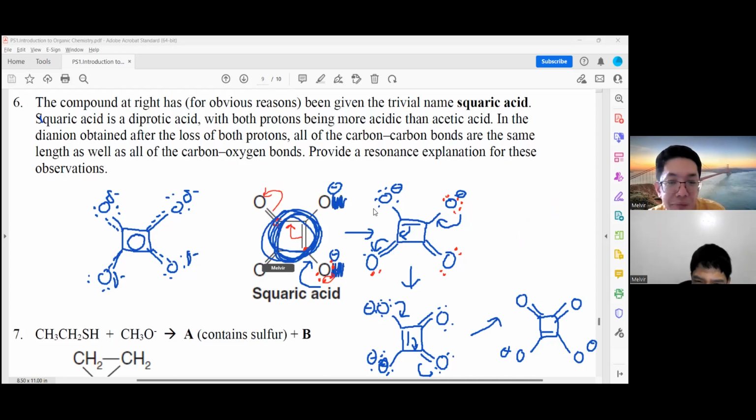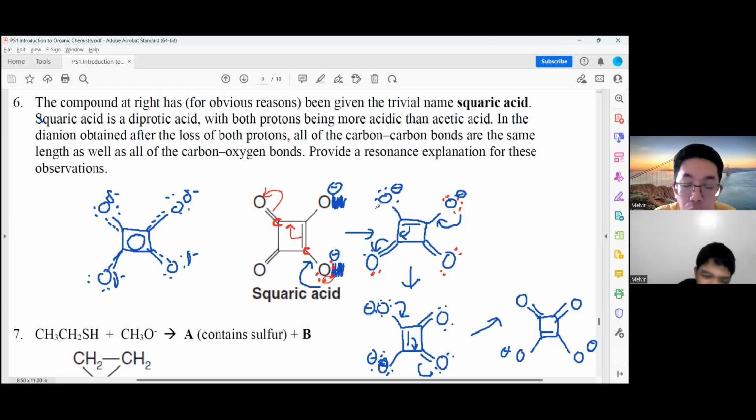This length is a little shorter, but upon resonance, the electrons delocalize, so they all equal out because they're constantly changing.